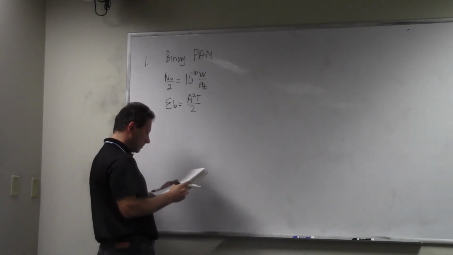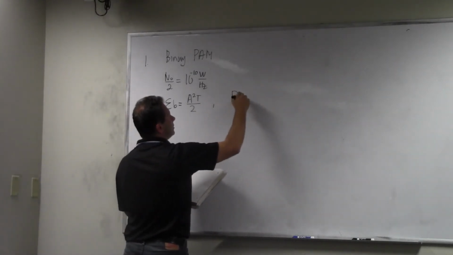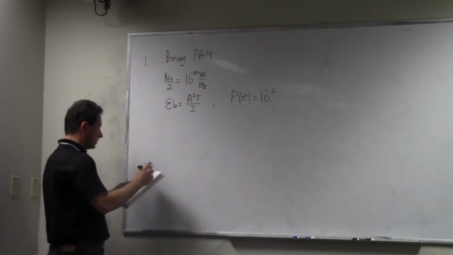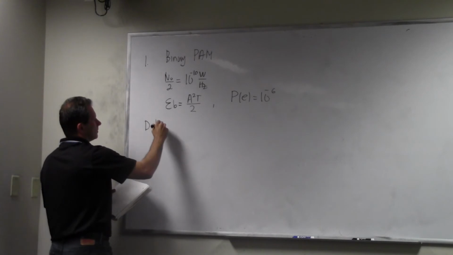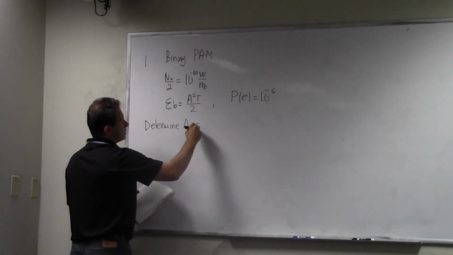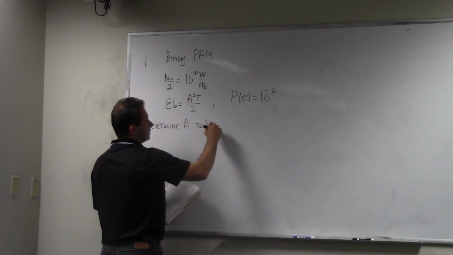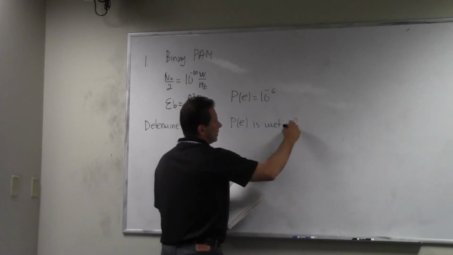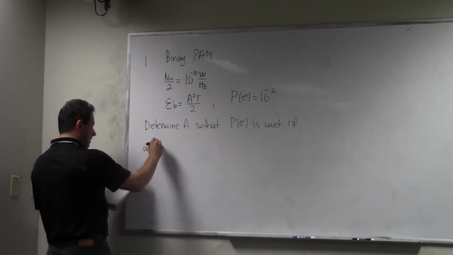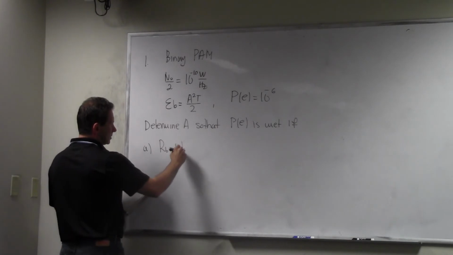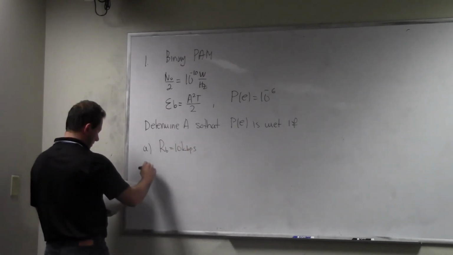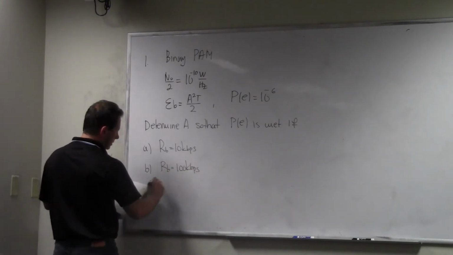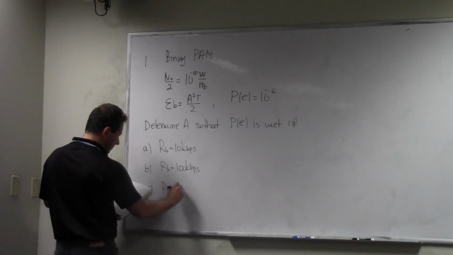Determine the signal amplitude A so that the desired probability of error equal to 10 to the minus 6 is met. Part A, data rate is 10 kilobits per second, part B is 100 kilobits per second, and part C is 1 megabit per second.